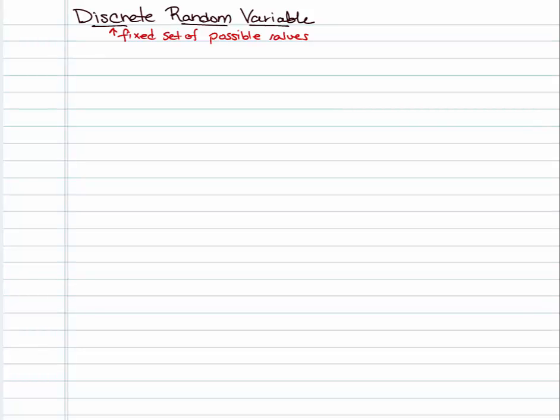And basically how we can organize them is in a table of values. It's called a probability distribution chart. What we're going to be doing is just organizing.